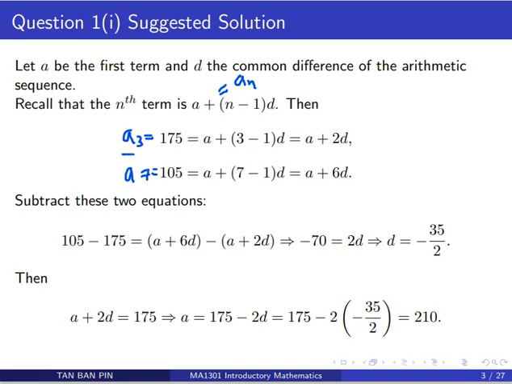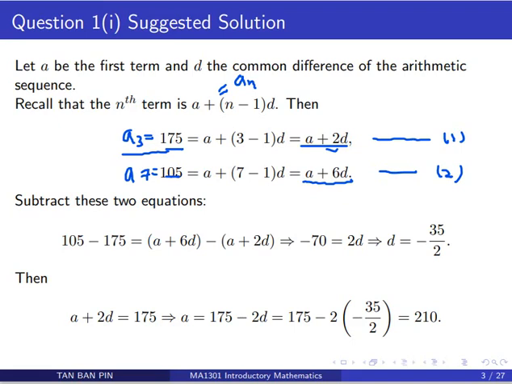Using A3 is 175, you sub inside the formula and get A plus 2D is 175. Same thing, A7 is 105, you get A plus 6D is 105. We can name this equation 1, this one equation 2.